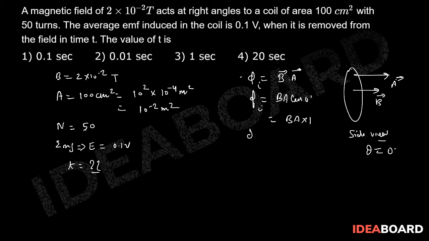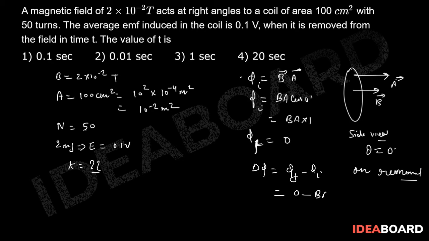Okay, and what will be the value of phi 2 or phi final when it is removed? On removal, phi 2 will be equal to 0 because there is no magnetic field, right? So we can find out the value of delta phi, which will be phi final minus phi initial, which will be 0 minus BA, which says minus BA.